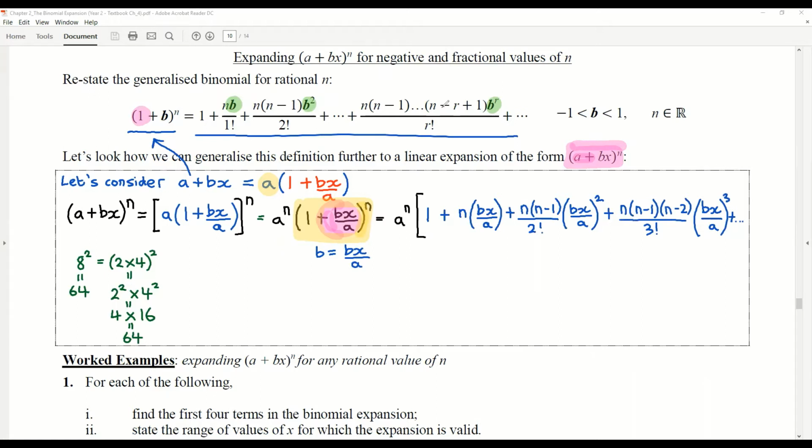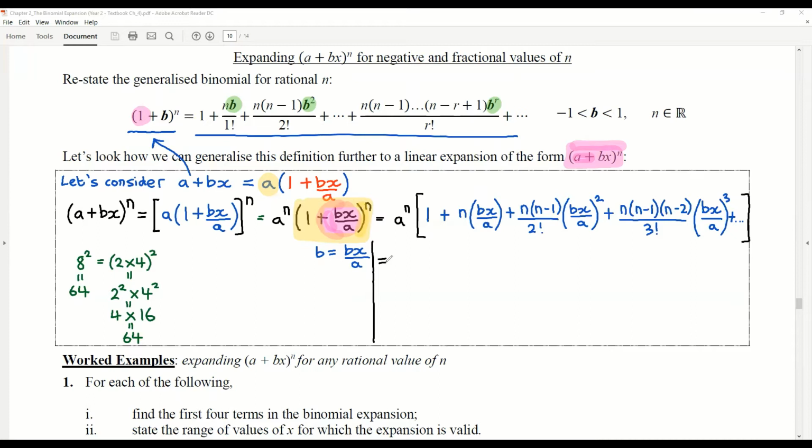So never ever forget that you're going to be multiplying all of this by a to the power n. That's why I write everything out in a collective step. I don't do bits of working all over the place. It's all one step, and the whole question evolves as you move through the steps.